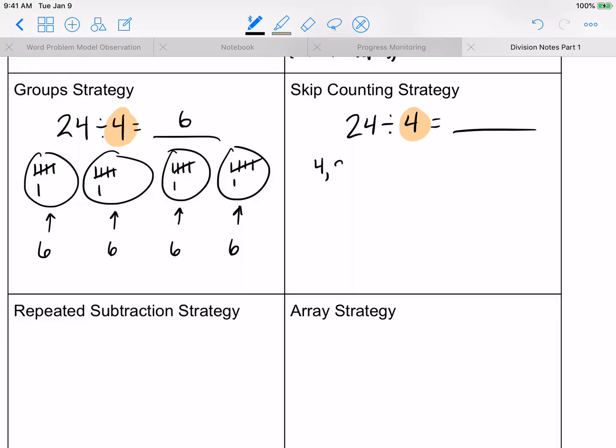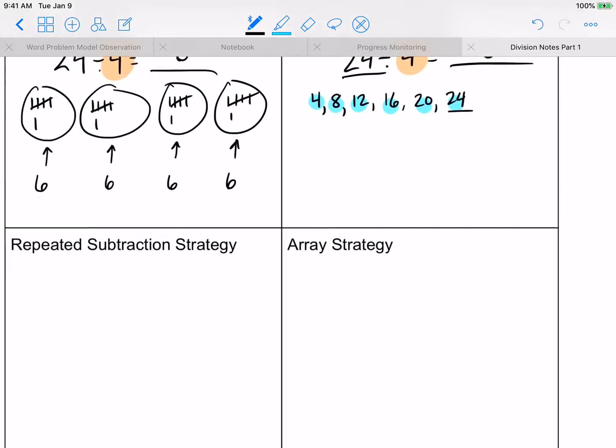So 4 plus 4 is 8, 8 plus 4 is 12, 12 plus 4 is 16, 16 plus 4 is 20. 20 plus 4 is 24. Well, when this number matches this number, we're finished. So let's count how many times we have skip counted by 4. 1, 2, 3, 4, 5, 6. So 24 divided by 4 is 6. That's another strategy, and this is a pretty quick strategy. I like that one a lot.